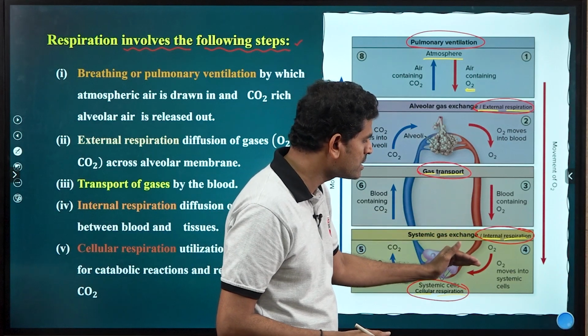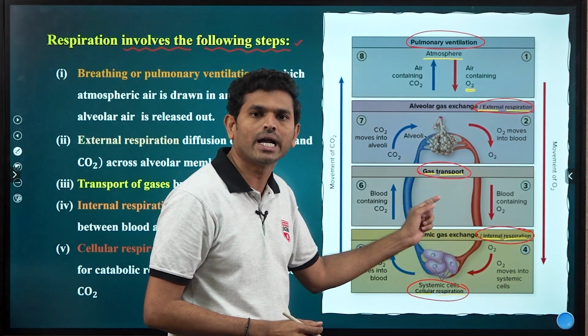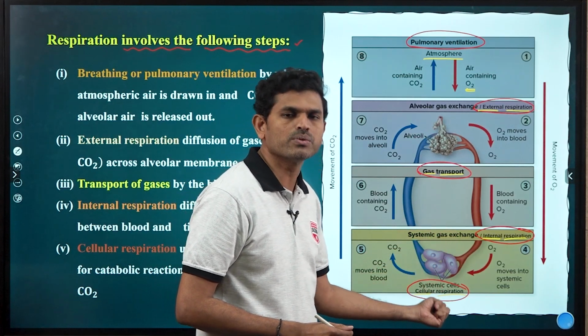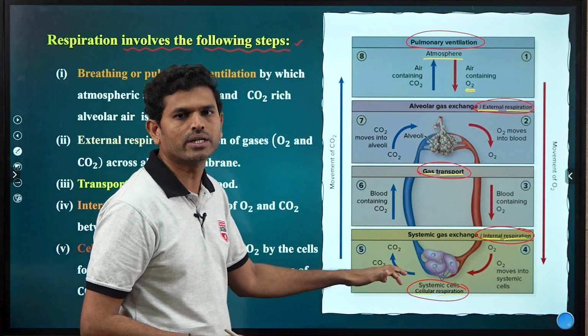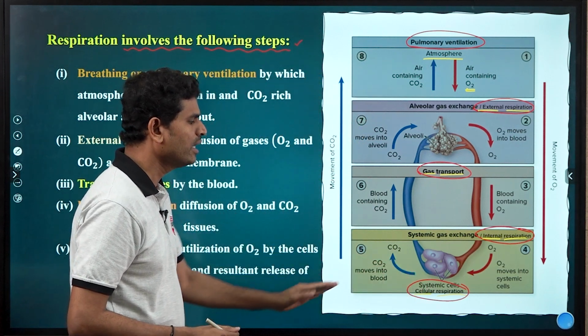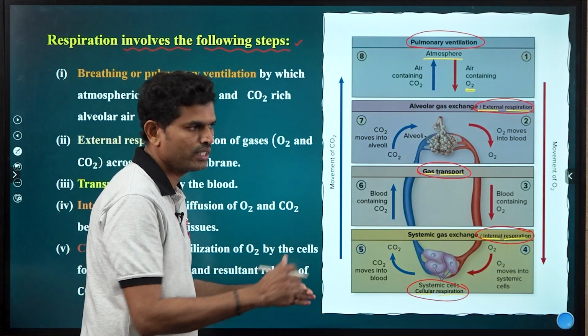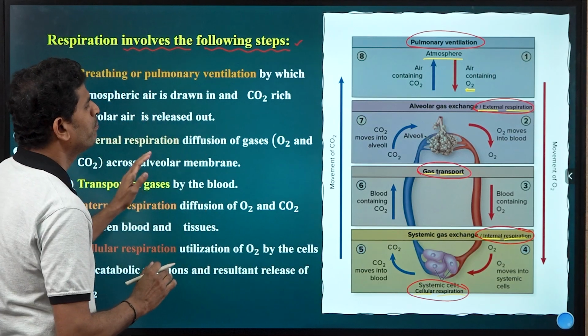The fourth step is the second exchange, occurring between the blood and tissues. Finally, tissues or cells make use of these gases. This is called cellular respiration. Here oxygen is utilized to oxidize food materials indirectly and release energy. So this is important, it is order based.